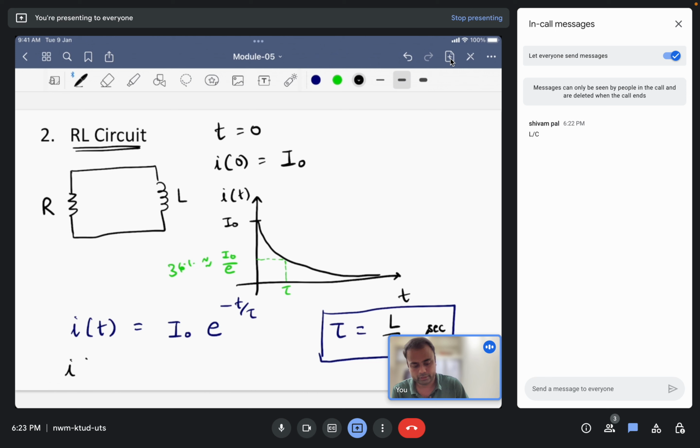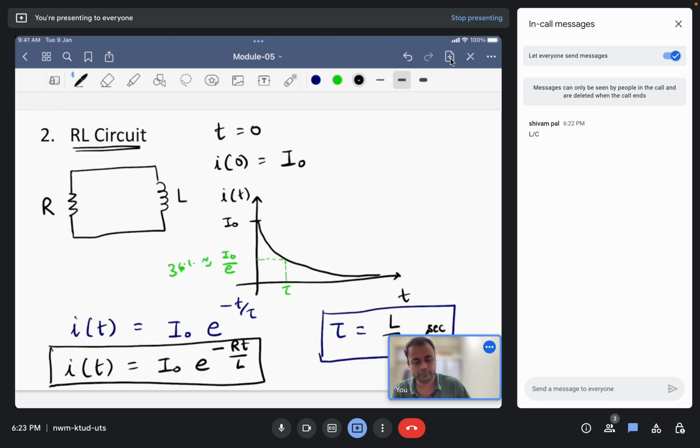So I will become I0 e to the power minus Rt by L. This will be the function that we will be using here in the case of self-excited RL circuits. Okay.